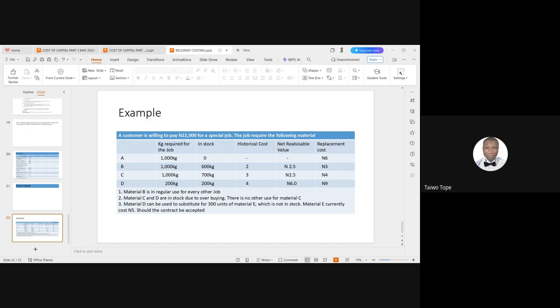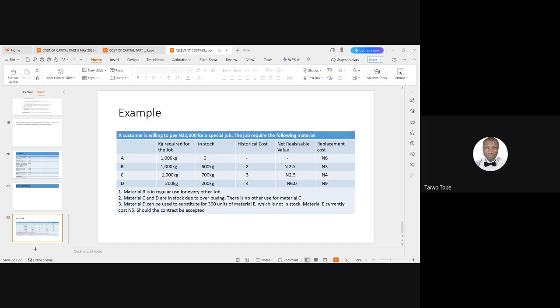If 200 kg of D can replace 300 units of E, it means 300 multiplied by 5, you have 1,500. Between 1,500 and 1,200, which is the higher opportunity cost? 1,500. So the relevant cost for material D will be 1,500.